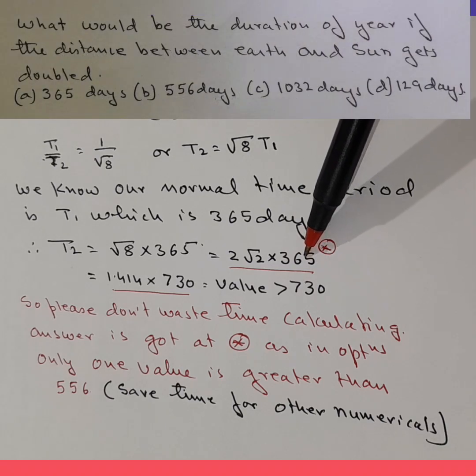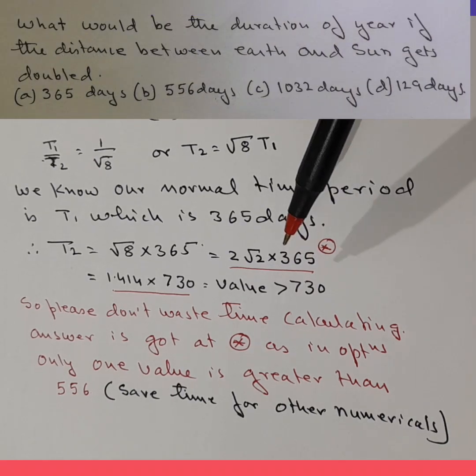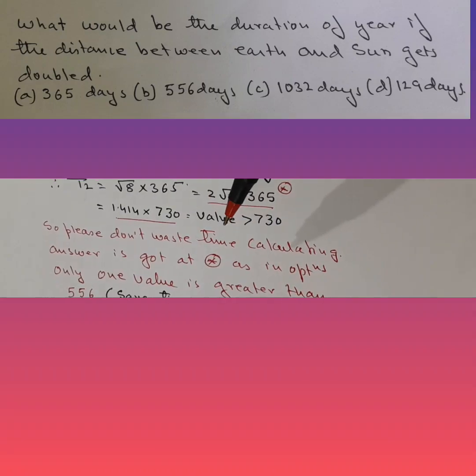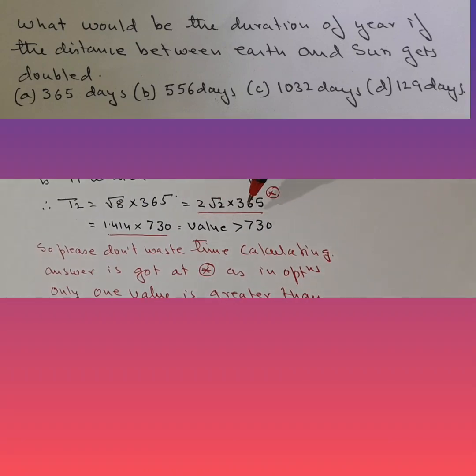Now if we get back into our sum, this value definitely would be much greater than 730, because root 2 is 1.414. So it would be 2 into 365, that is 730, and root 2 is 1.414. So 1.414 into 730. This value obviously would be greater than 730.